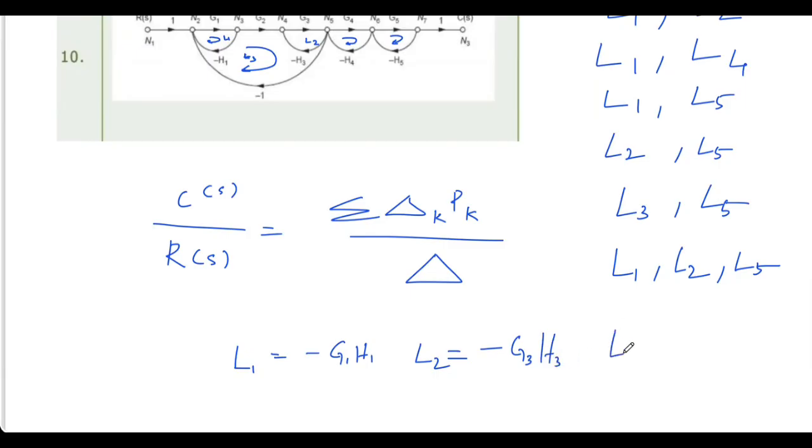What is L3? G1, G2, G3 into minus 1, minus G1 G2 G3. What is L4? Minus G4 H4. What is L5? Minus G5 H5.